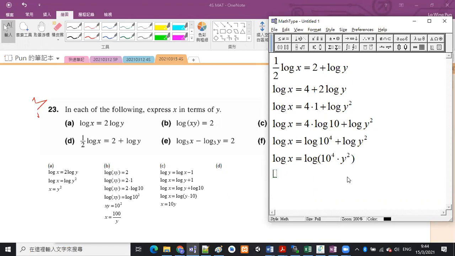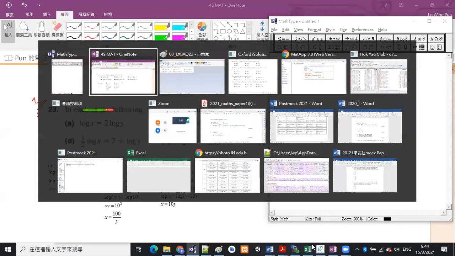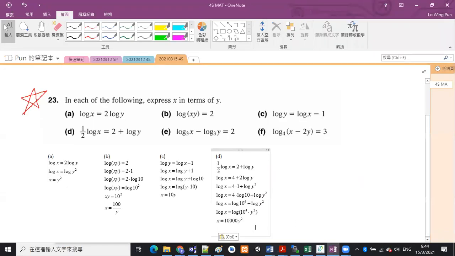Okay, everything is put inside the log. Then we may delete the log. Okay, the right-hand side is 10 to the power 4 is 10,000, and then y squared. Get this? So x is the subject, and it is in terms of y, so that is the answer.